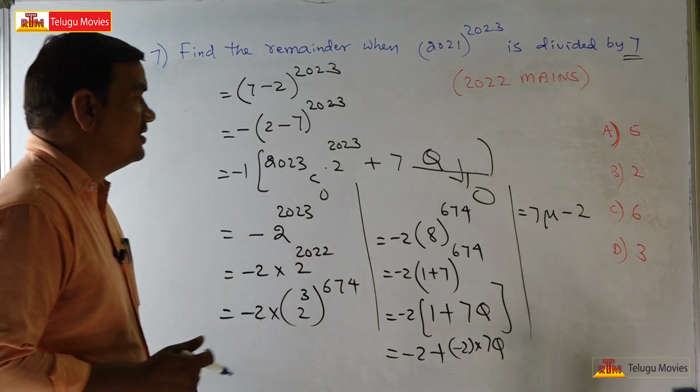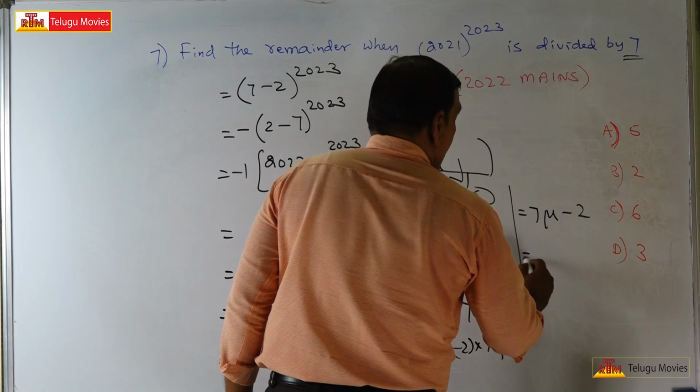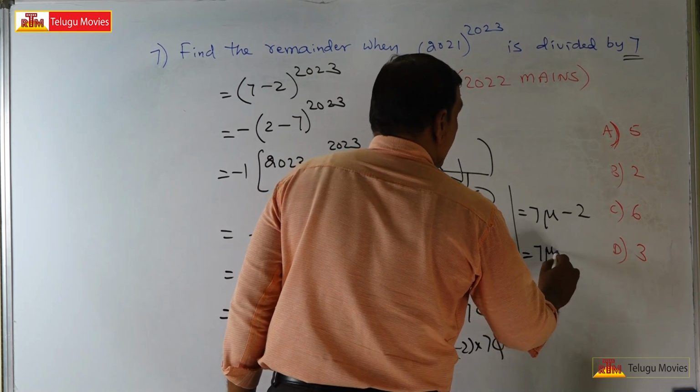To get the remainder here, what should I add to 7 into something minus 2?